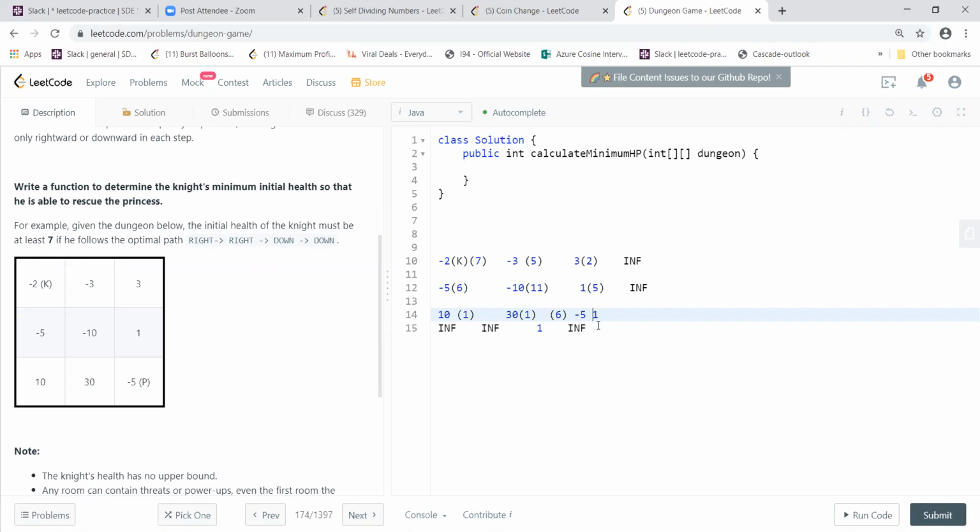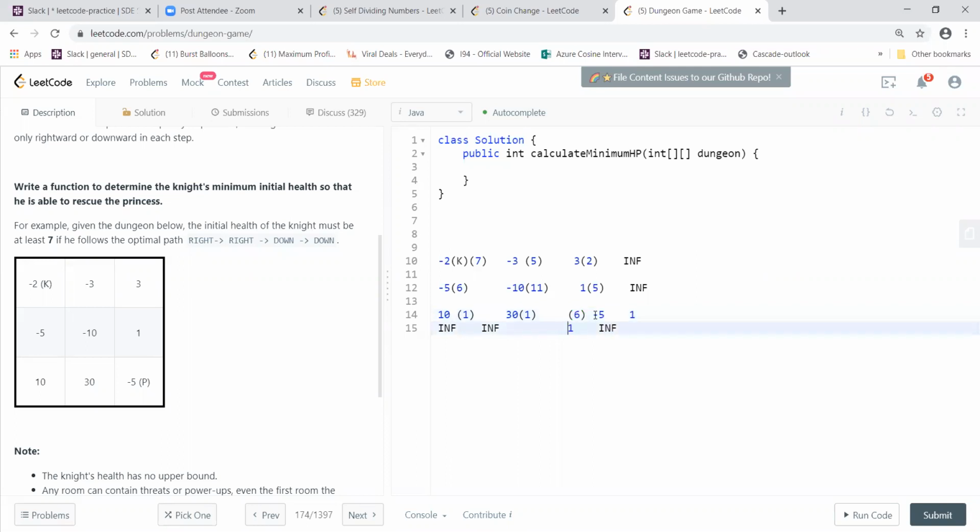So I need the minimum health points for the knight. So I start with the minimum value, and therefore the knight, if he is at the last point here, he can either go to the right side or he can go to the bottom side. These are the only 2 places he can go.